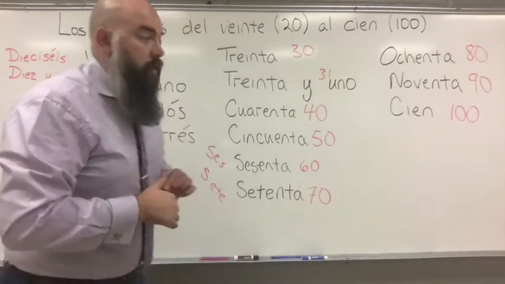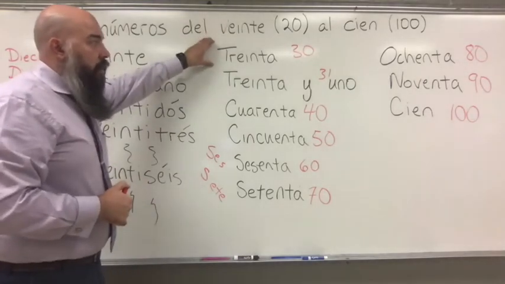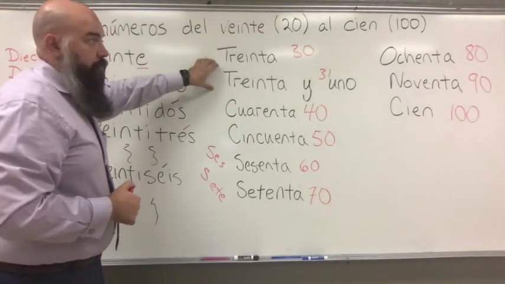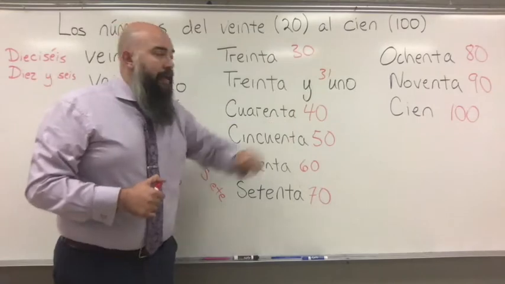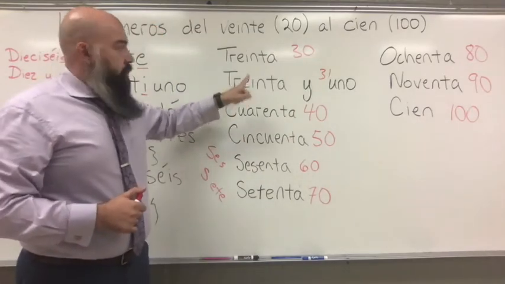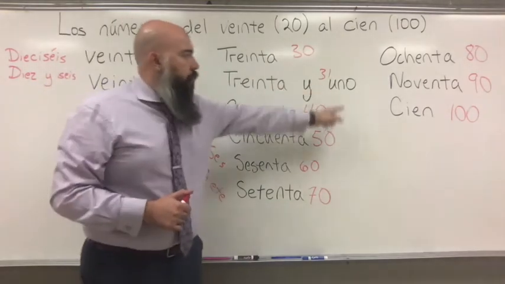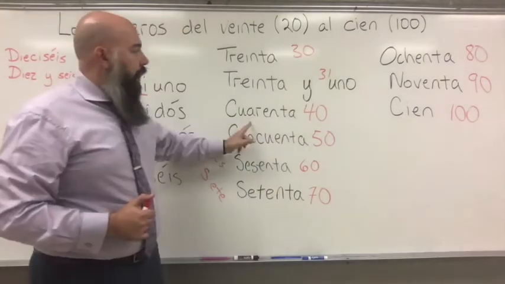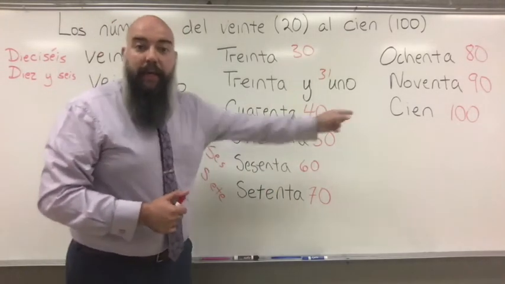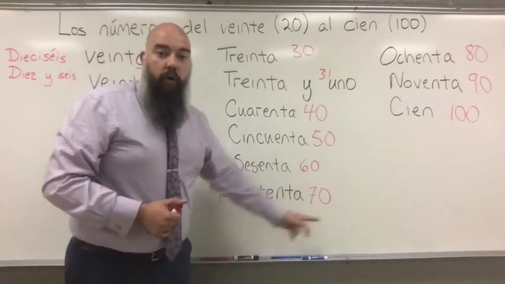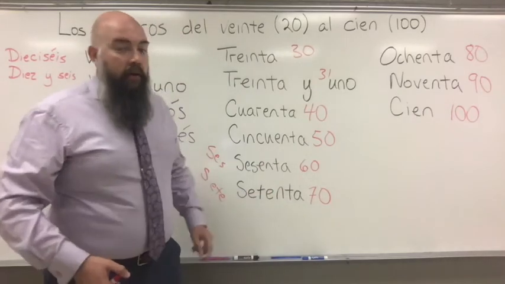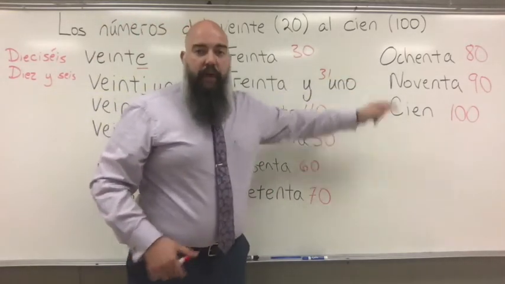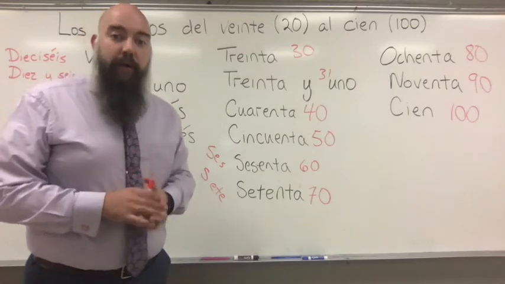Now, again, from 30 all the way to 99, this is the way you write it. Three separate words. 31, 32, 41, 42, 71, 77, 99. That's how you write them out.